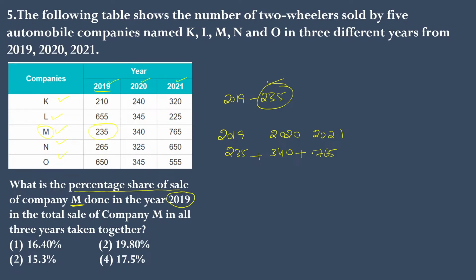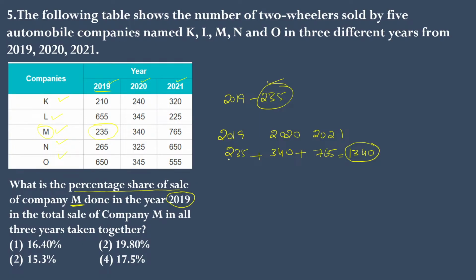So what is the total we get? It is 1340. 1340 is the total sales of company M in all 3 years.